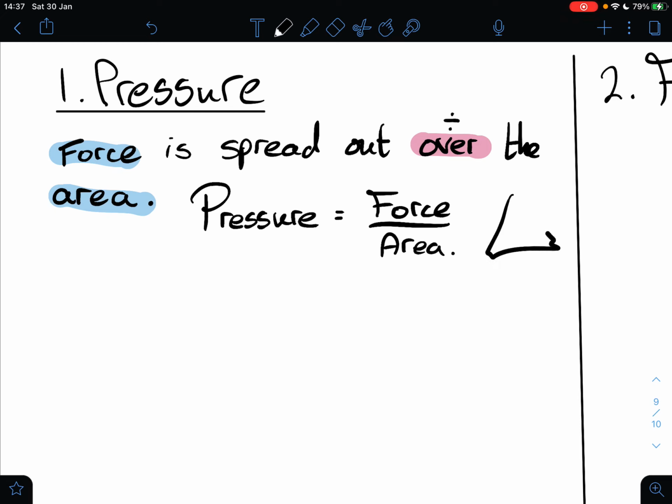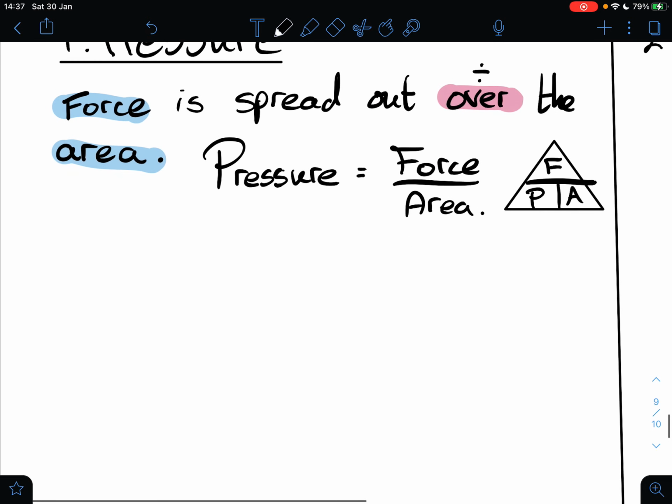And we can put that in a triangle if that's our thing. And we end up with the P equals F over A. Pressure is force over area. That's the pressure equation. Now, the units for this are twofold. One is you can have newtons over meter squared, so you can write it like that.